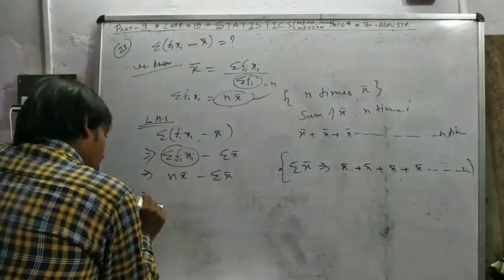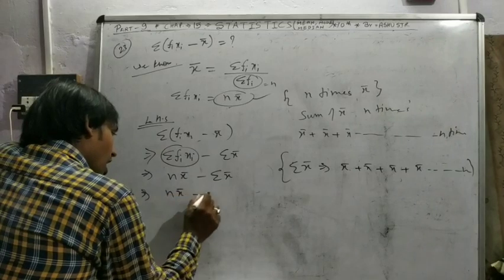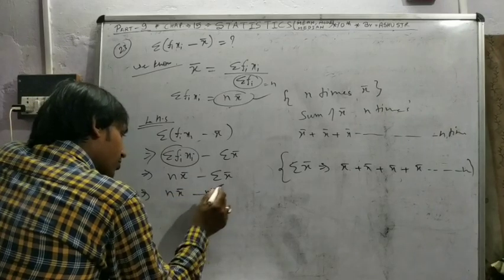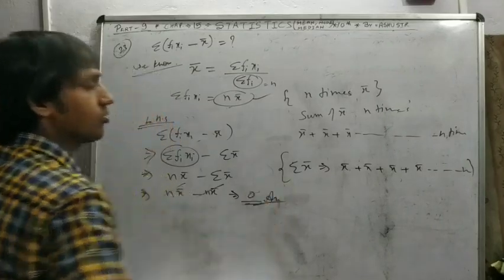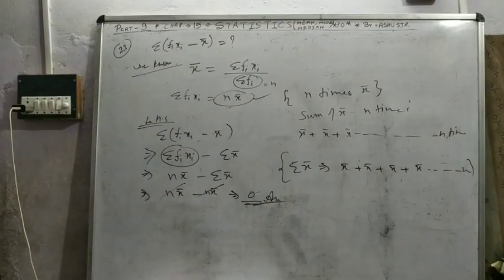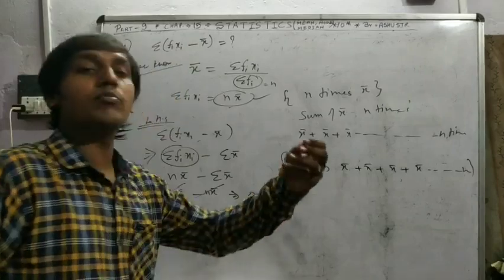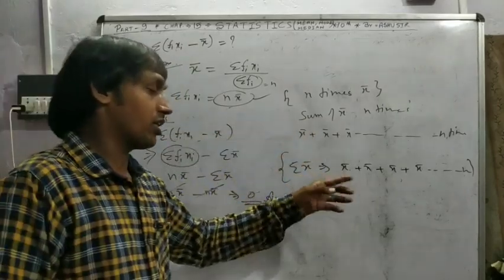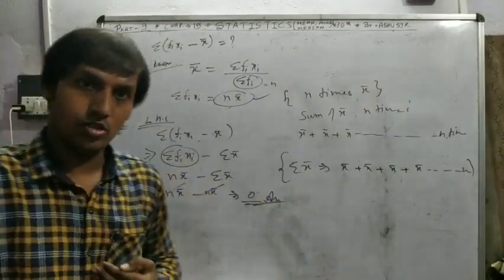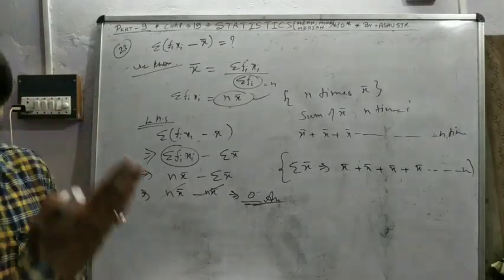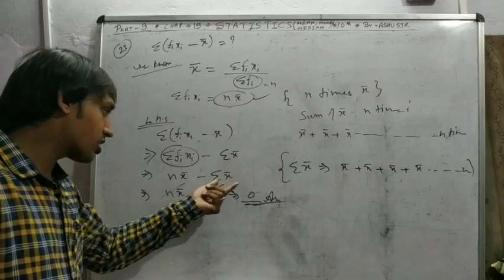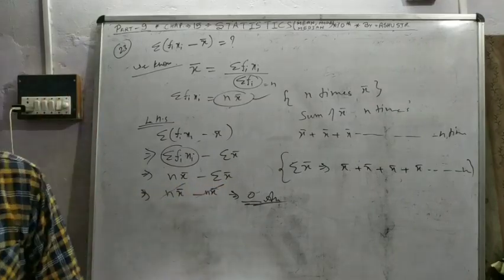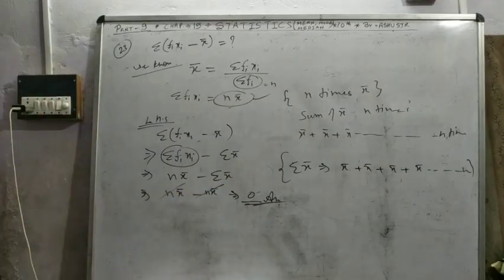So this is also n times x bar, cancel, so we get the answer 0. Summation of x bar means sum of x bar from 1 to n, so n times x bar addition. This is the same, cancel, we get 0. Pause, will you note down?